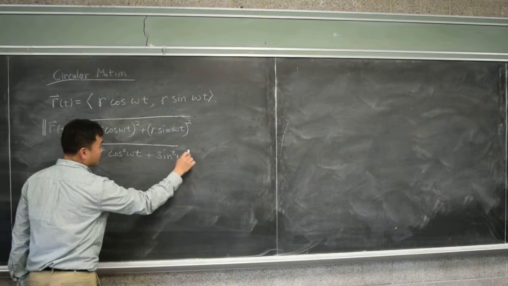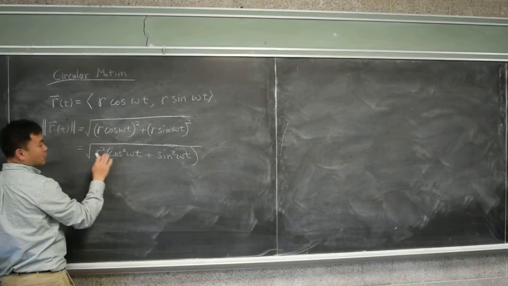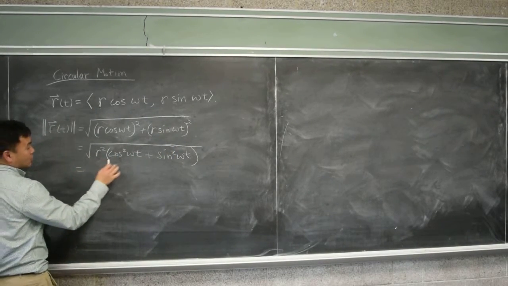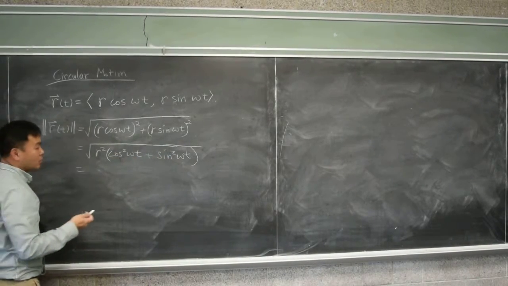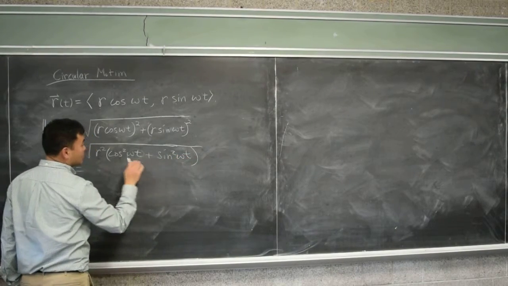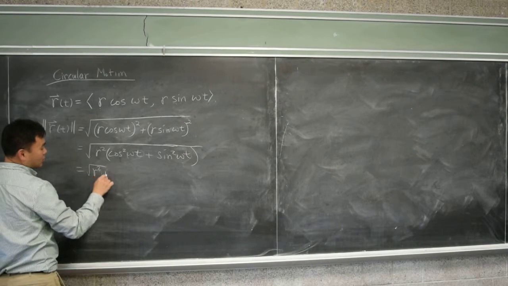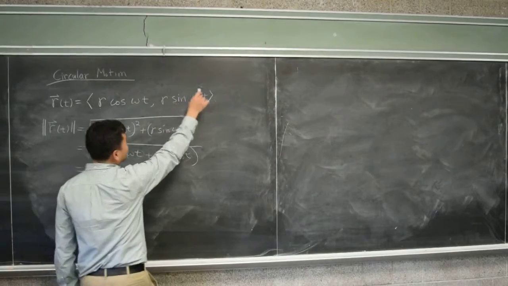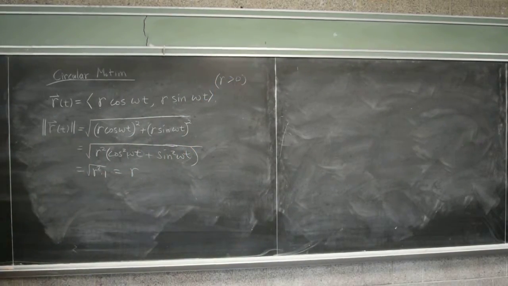So I can factor the r squared out. What's cosine squared plus sine squared if they have the same angle? 1. So this squared plus that squared gives you r squared times 1, which is just r, assuming that r is positive. We're going to assume that r is positive, because I want the r to be the radius of the circle.